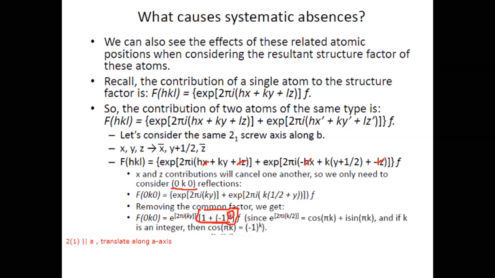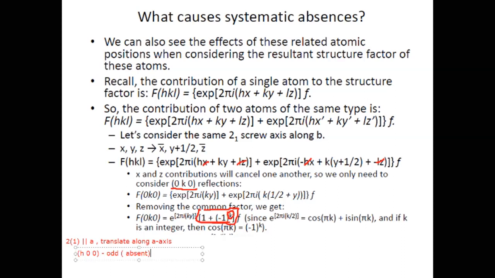So now what that means is that the h00 odd would be absent. Because again, it would factor down to this 1 plus -1 to the k, or in this case h, 1 plus -1 to the h.